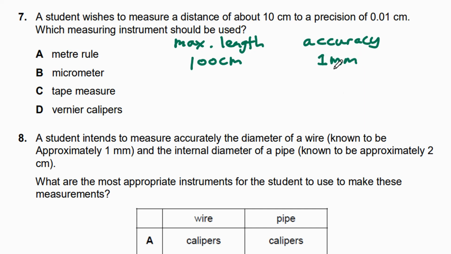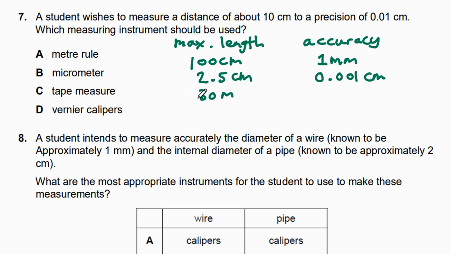This is the smallest division on a meter rule. Then a micrometer can measure up to 2.5 centimeters, more or less, and with an accuracy of 1/1000th of a centimeter. So 0.001 centimeters.